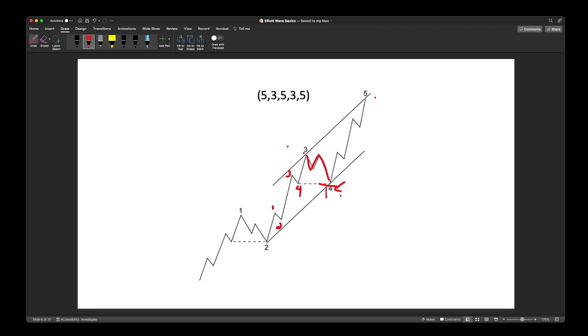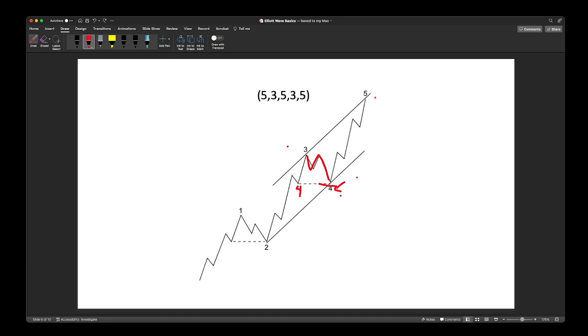Wave 4 will end somewhere around the area of the previous wave 4 of a lower degree. Same thing with number 2. It's a guideline, not a rule, that it tends to fall right where the 4 of the previous wave of a lower degree ends. Guideline.